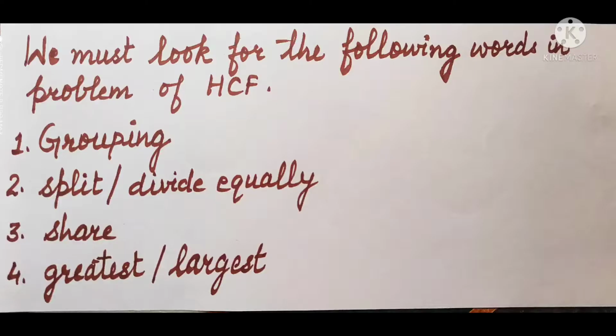So in a nutshell, we can say that we should look for the following words. If the problem involves grouping of things, splitting or dividing things equally, or sharing among a largest group, or the words like greatest and largest come in the question, then the problem involves finding the HCF.